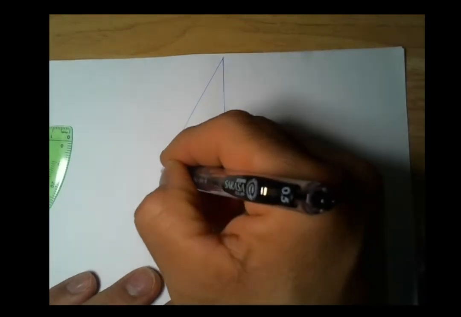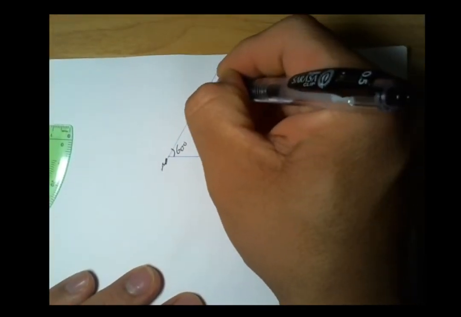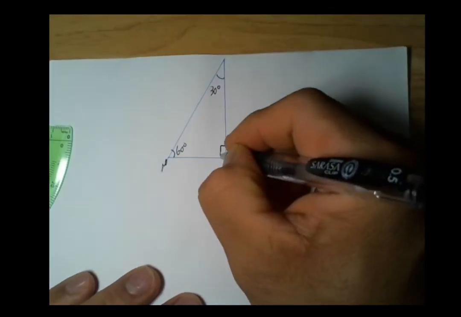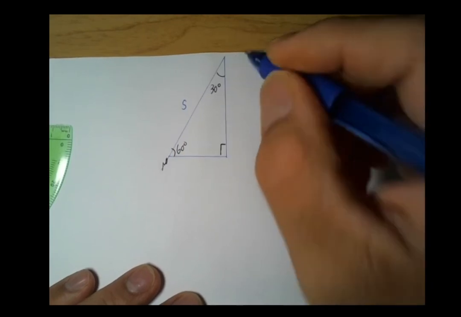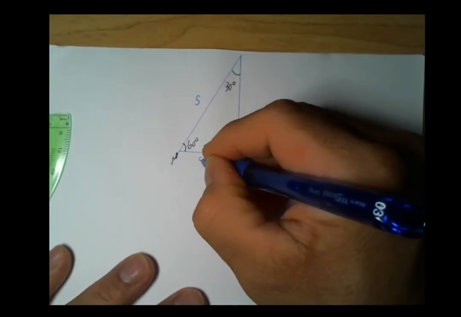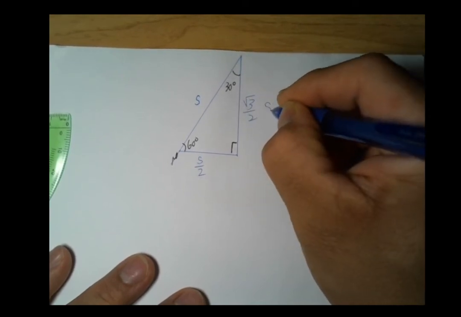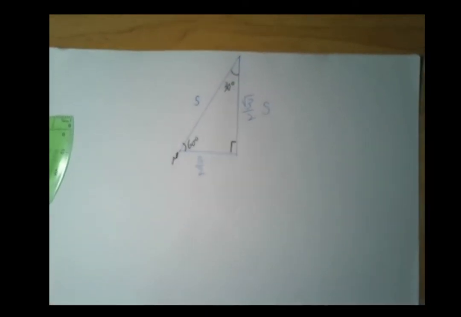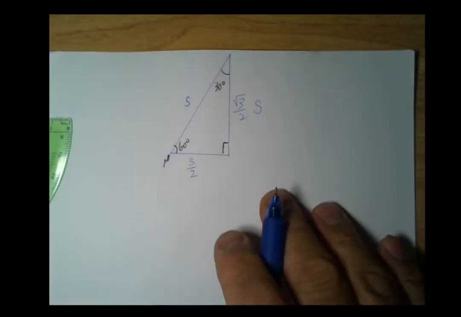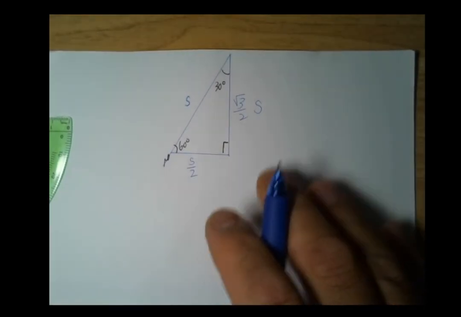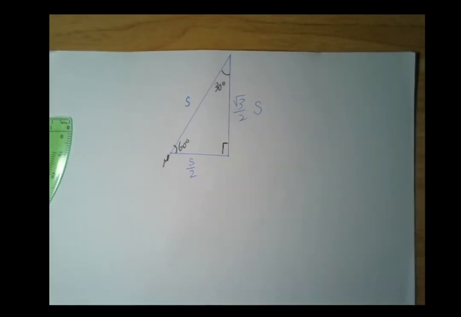So we have our 30, 60, 90 triangle, where we have the hypotenuse of side S. This is half of S, and this is root 3 over 2 of S, from our previous calculations. Now we have all three sides related to some fixed value S being the hypotenuse.